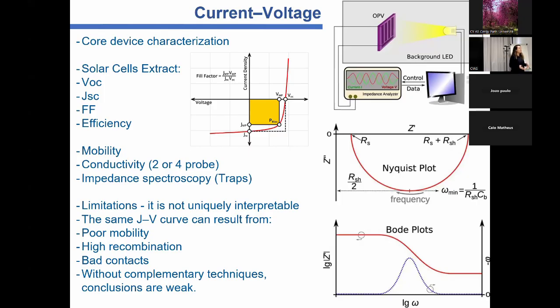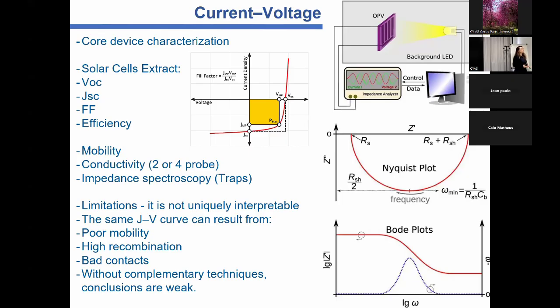I just go quickly here, but you can also analyze the traps through these, for instance, the series resistance here, the shunt resistance here. Also, you can measure without light.